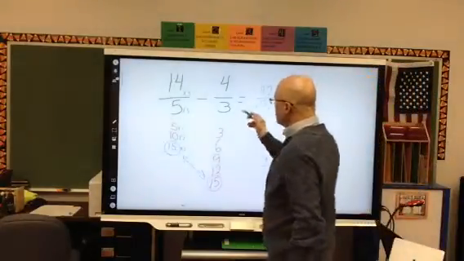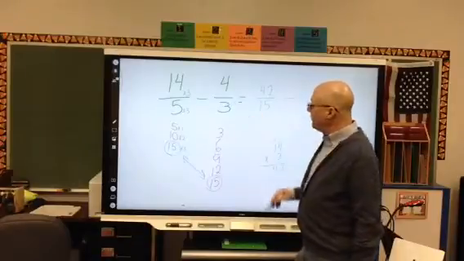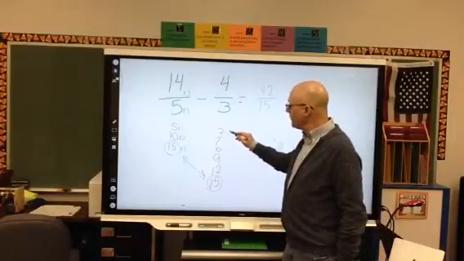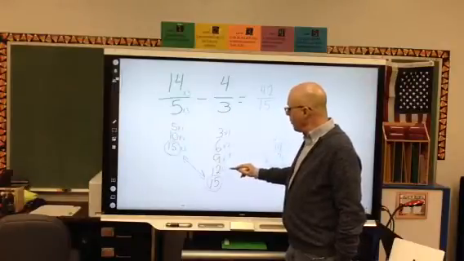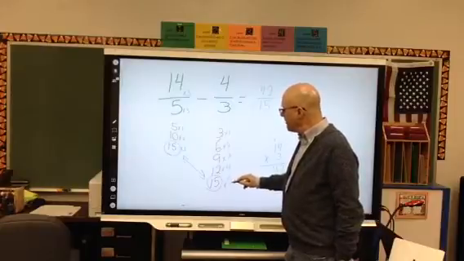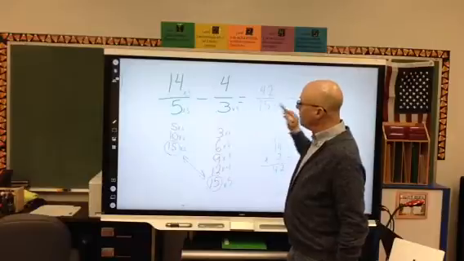What did I do to this 3? What did I multiply 3 by to get 15? Well, this is times 1, times 2, times 3, times 4, and times 5. I multiplied the 3 times 5 to get 15.